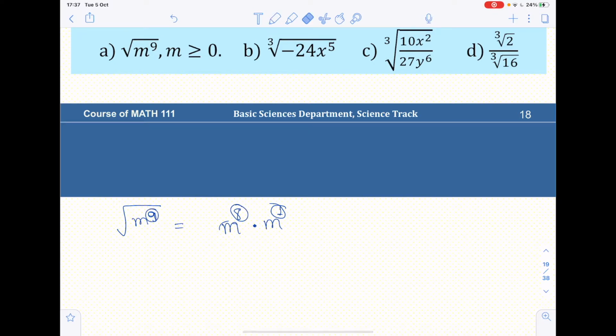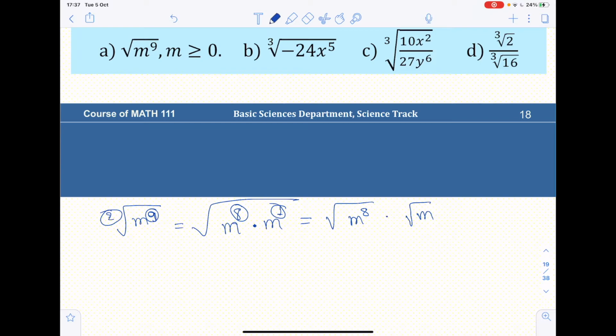So go ahead now and divide your 9 into a number that is divisible by the value you have over here, which is 2 in this case. Here is the square root of this one. Now I can distribute the square root to both factors, so the square root of m to the power 8 times the square root of m.